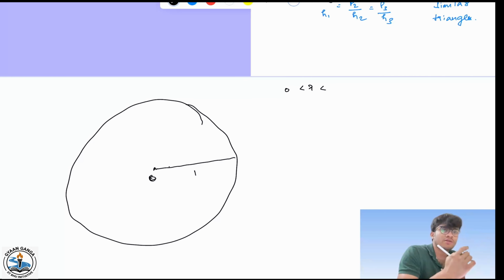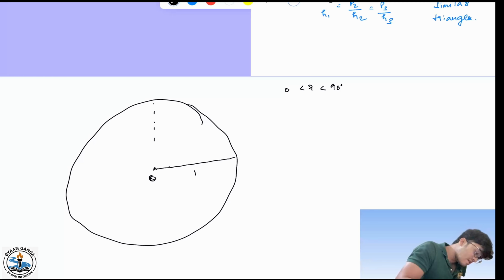For simplicity, I'll restrict x between 0 and 90 degrees. So 90 degrees is this, and x can go anywhere in between, so any value between these, this x can take, right?